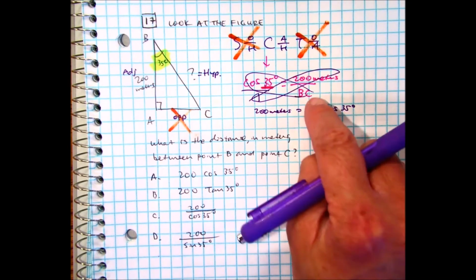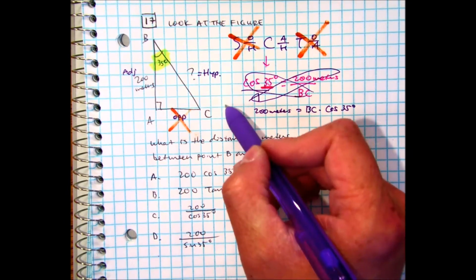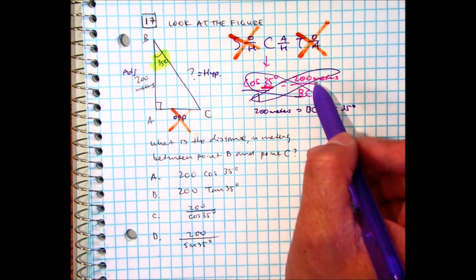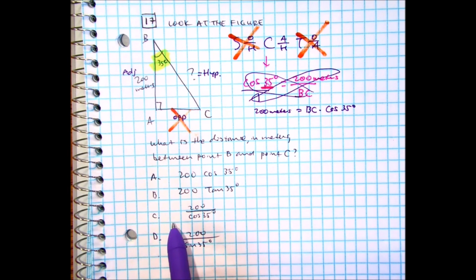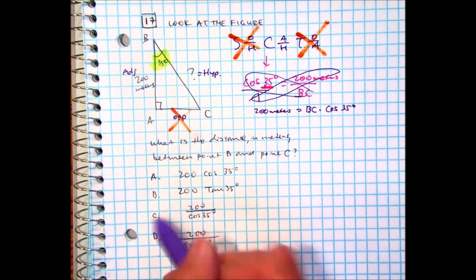Pay attention that the BC is in the denominator. So if you did something like divided both sides by 200 and said cosine of 35 divided by 200, which is right here, that would have been incorrect. Because on the other side you have 1 over BC. So it's not this one.